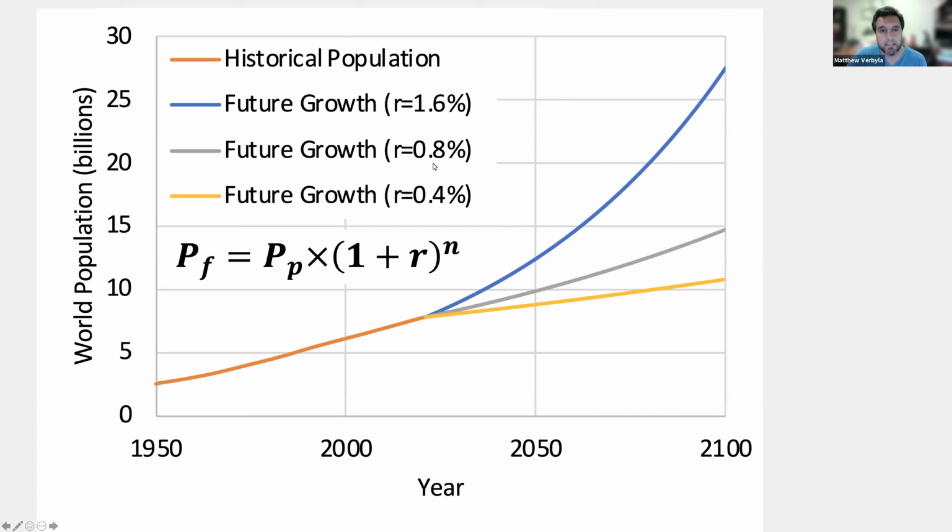However, if the growth rate stays below 1%, like 0.8% growth, the population at 2100 would be approximately 15 billion people. And if we have a lower growth rate, like 0.4%, we would have slightly more than 10 billion people by the year 2100.